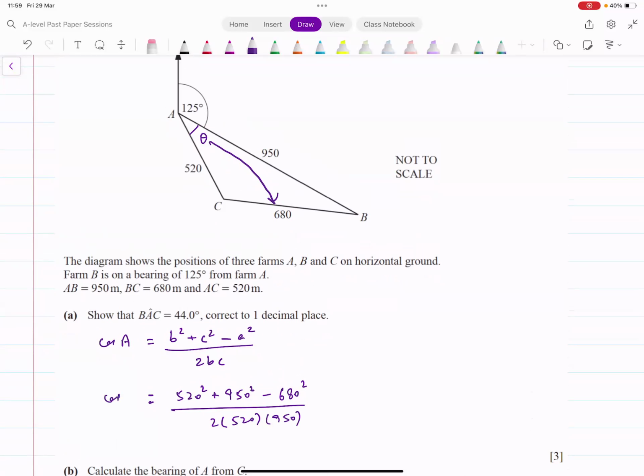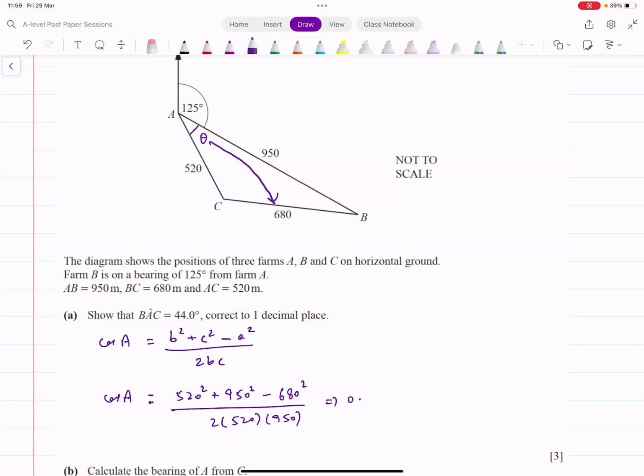That is cos of A. And that's going to give us some value. Let's see what that turns out to be. 520 squared plus 950 squared minus 680 squared divided by 2 and 520 and 950.